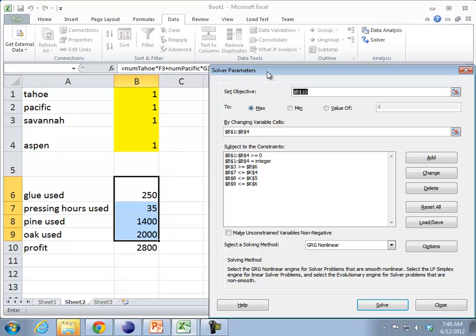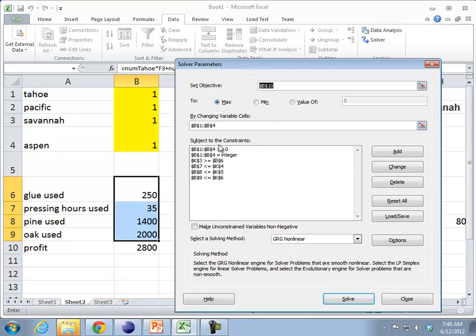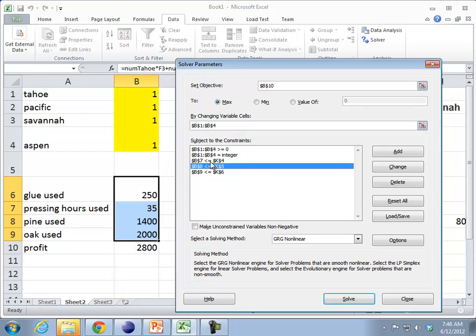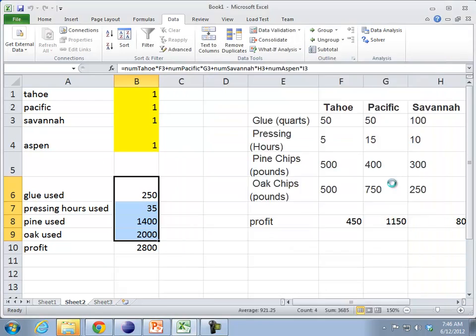And the constraints are, in fact, let's get rid of our constraints and add them back in so that we can see what it takes to add in those constraints.